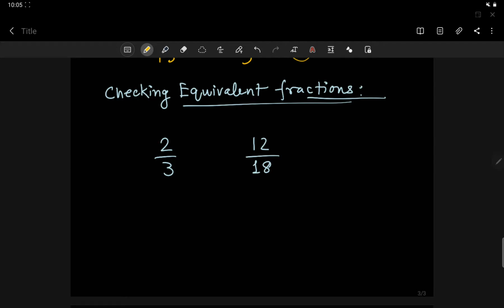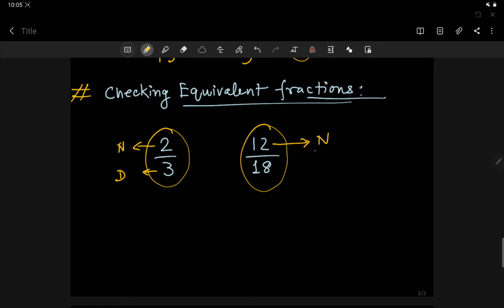Now the next topic, how to check whether fractions are equivalent or not. It is given 2 by 3 and 12 by 18. For the first fraction the numerator is 2 and 3 is the denominator. For the second fraction the numerator is 12 and the denominator is 18.